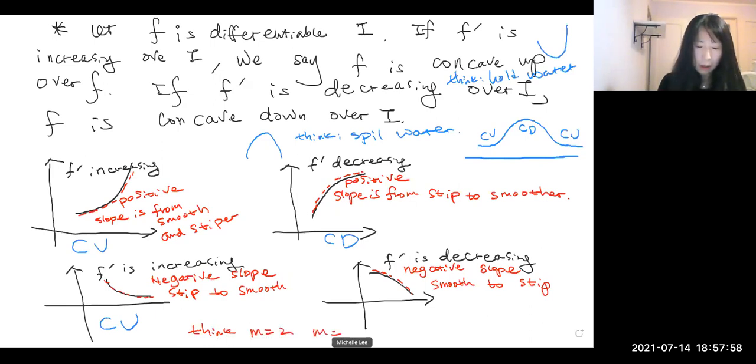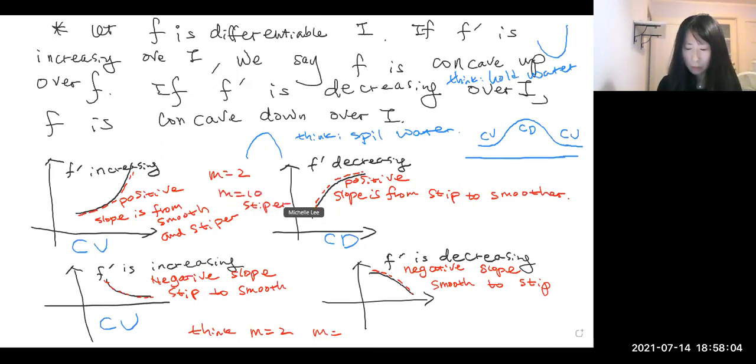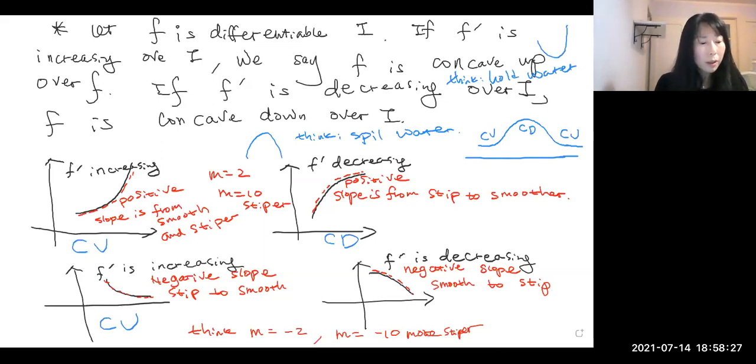Let me see. m equal to 2, m equal to 10, more steep, right? m equal to negative 2, m equal to negative 10, more steep, right? Okay, all right, let me erase.